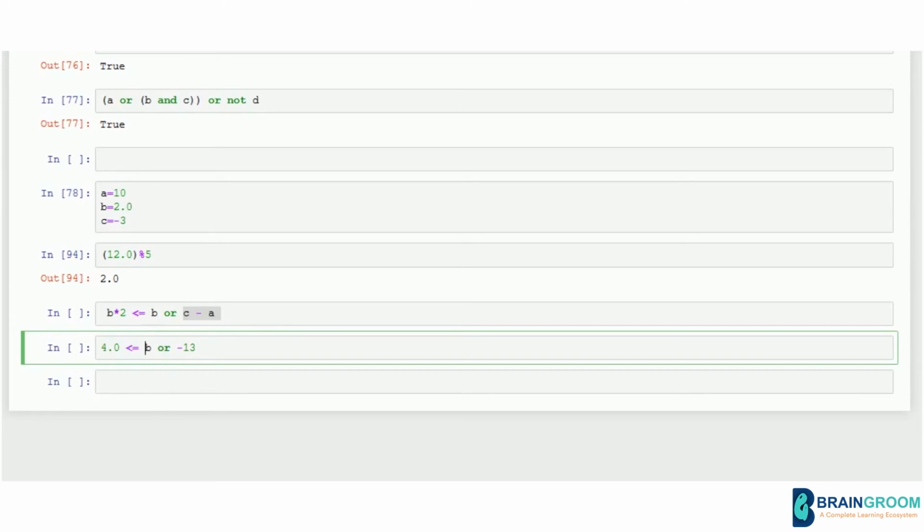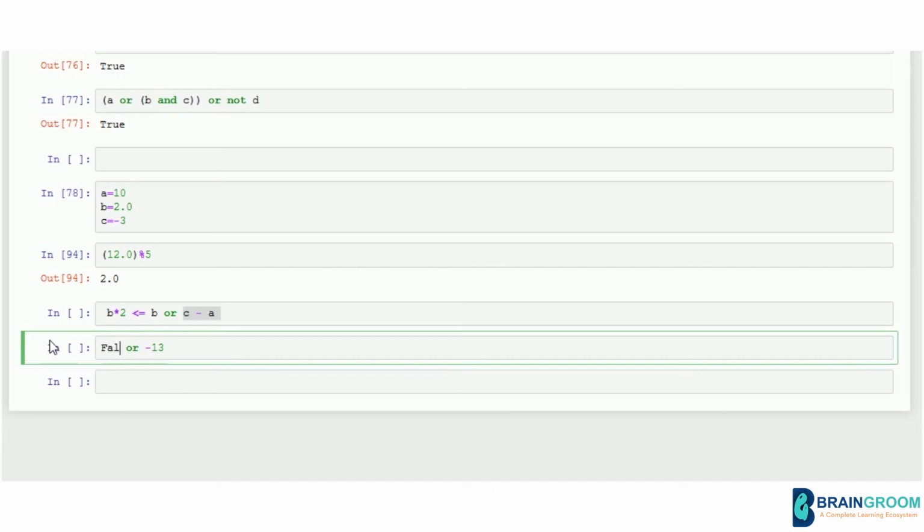Is 4.0 less than or equal to b? b is 2.0, so 4.0 less than or equal to 2.0 is false. The result of a comparison operator is always either true or false.